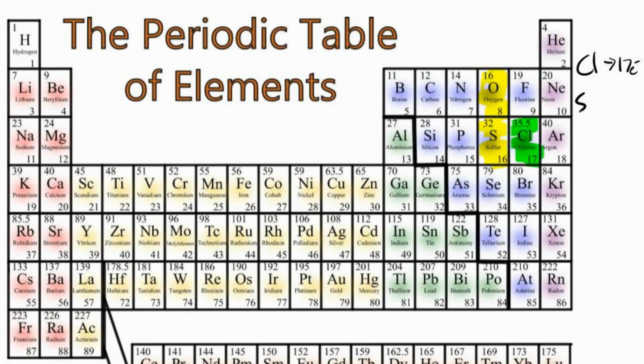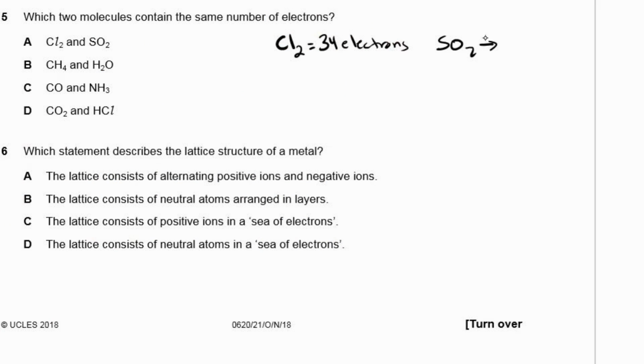So SO2 has 16 plus 2 times 8, so 16, which equals 32 electrons. So SO2 has 32 electrons. All right, now we're looking for CH4 and H2O.